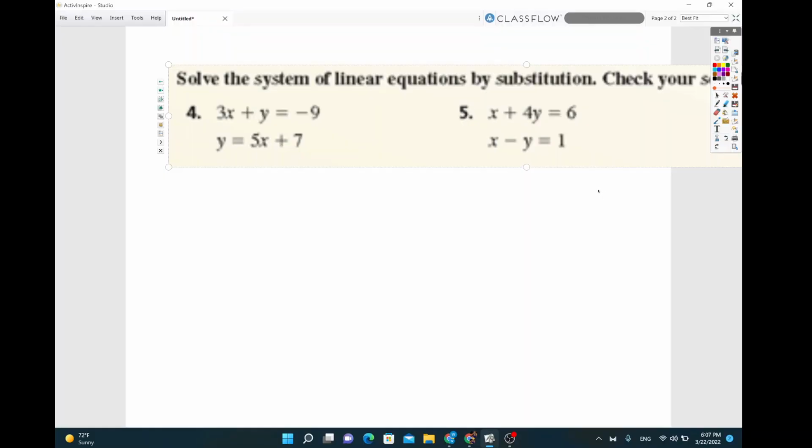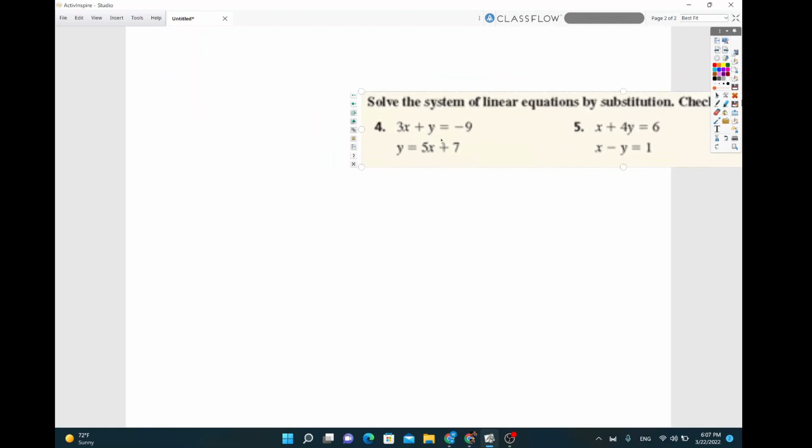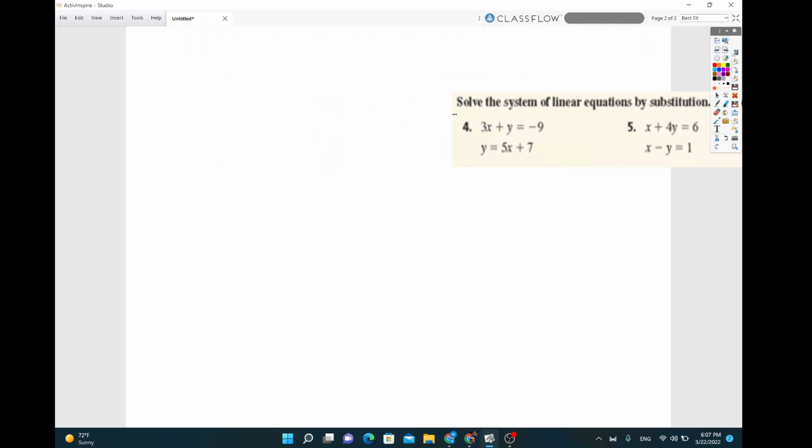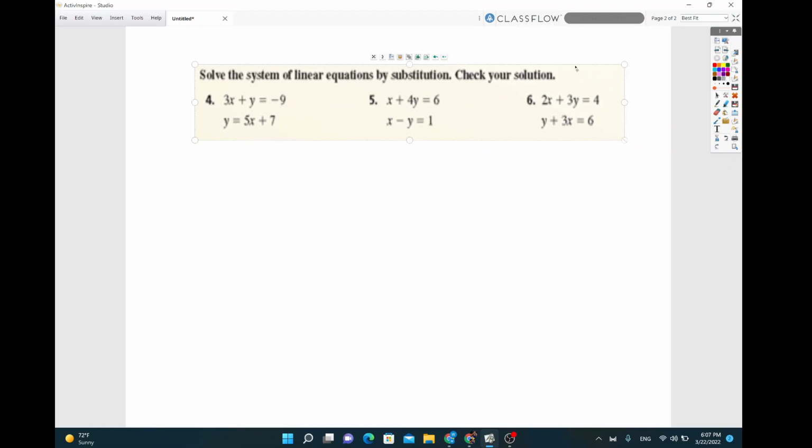This one is too big, so let me shrink the size a little bit. Here we go. For number 5, let's take a look. We have x minus y equals 1, that's the second equation. And the other equation is x plus 4y equals 6.